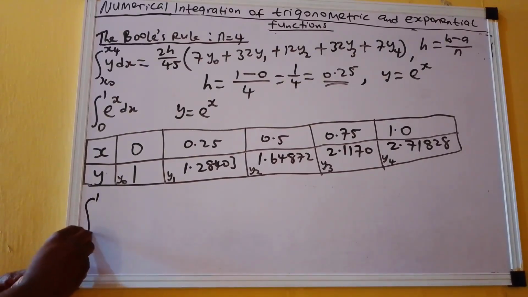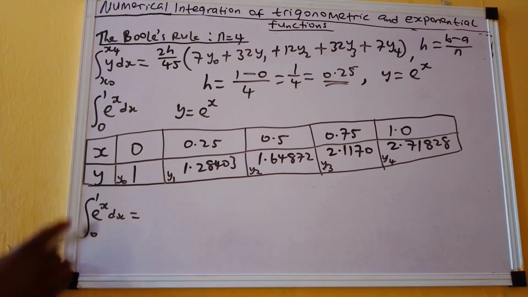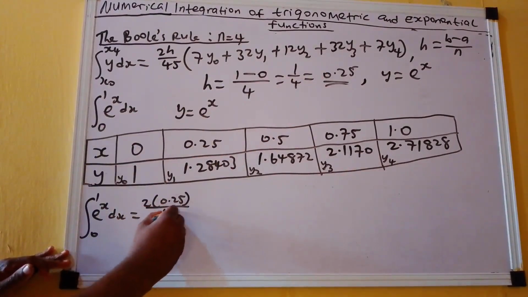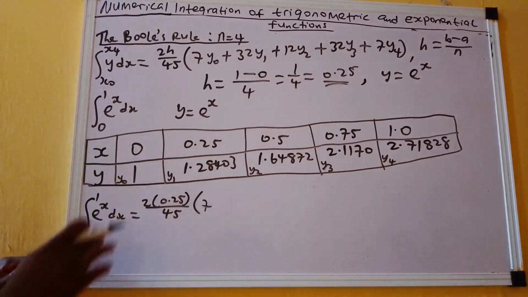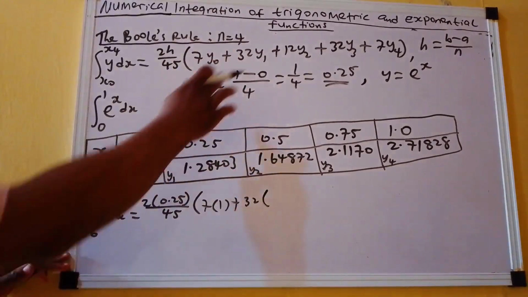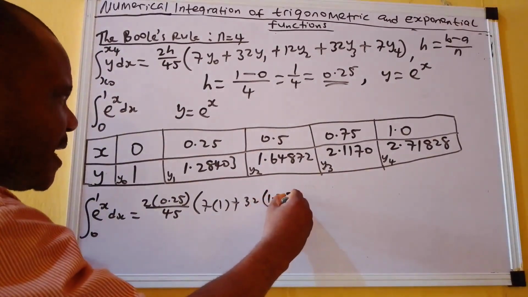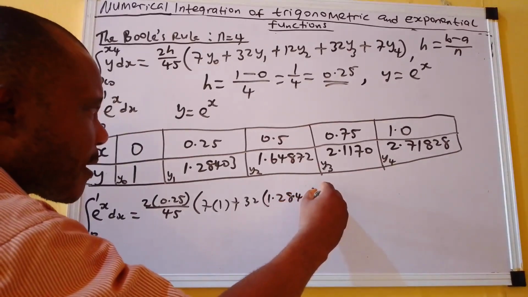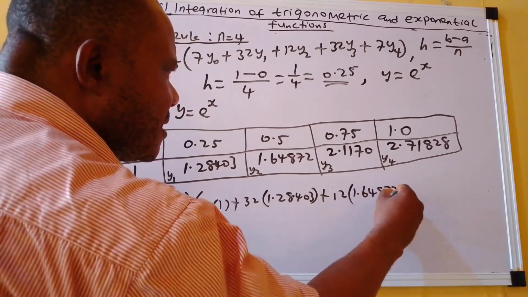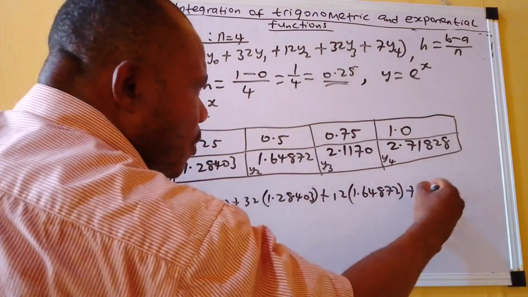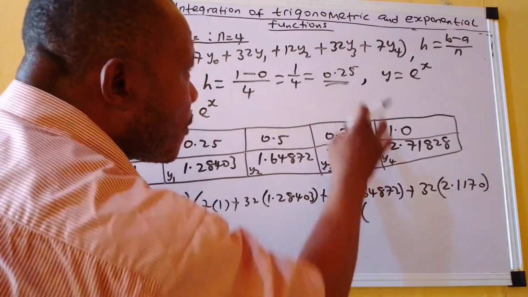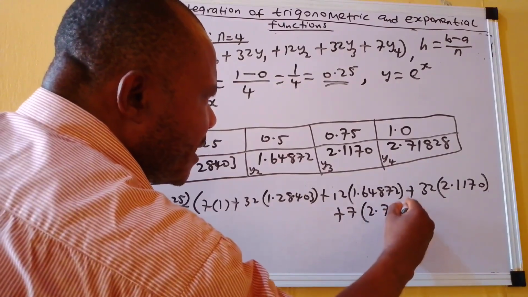So integral 0 to 1 exponential x dx will now be equal to 2h, that is 2 into 0.25, our h is 0.25, all over 45, bracket open, 7 into y naught, y naught is 1, plus 32 into our y1 is 1.28403, then plus 12 into y2, our y2 is 1.64872, then plus 32 into our y3 is 2.1170, then plus 7 into our y4 is 2.71828.